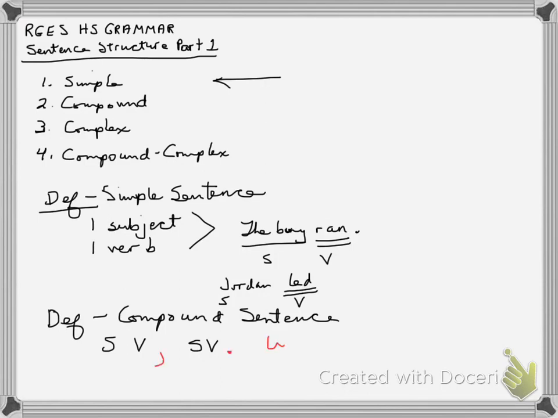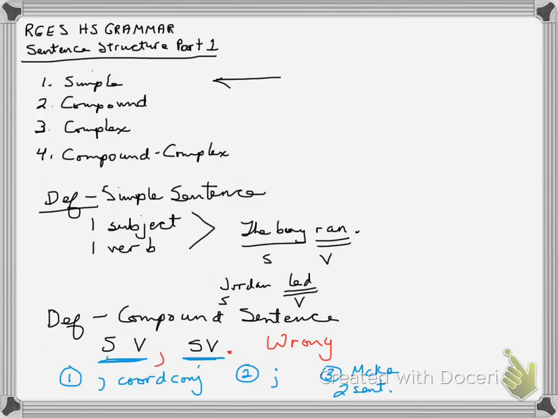That would be wrong. You must join them together one of 3 ways. You could join these 2 ideas together with a comma and a coordinating conjunction, I'll come back to let you recognize those in a minute, or with a semicolon, or by making 2 separate sentences, no longer having a compound sentence.